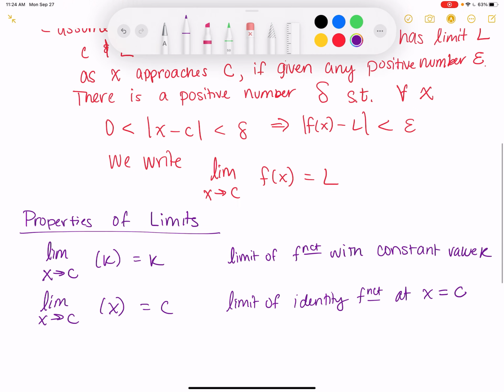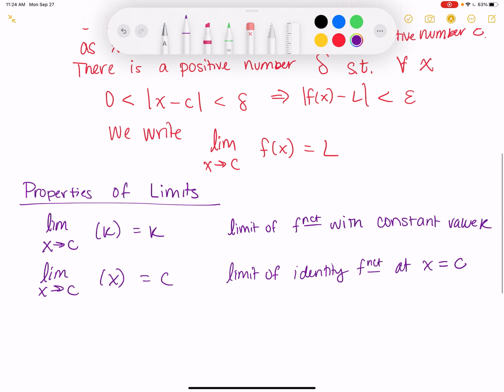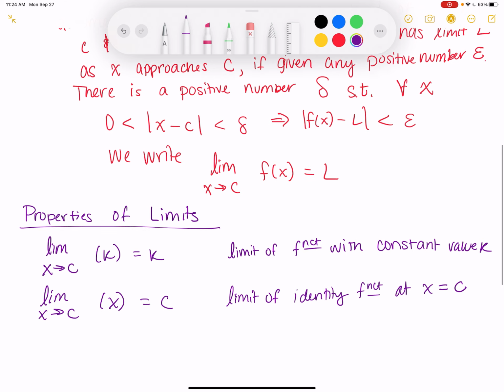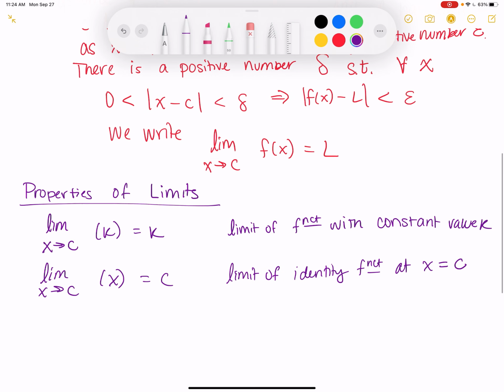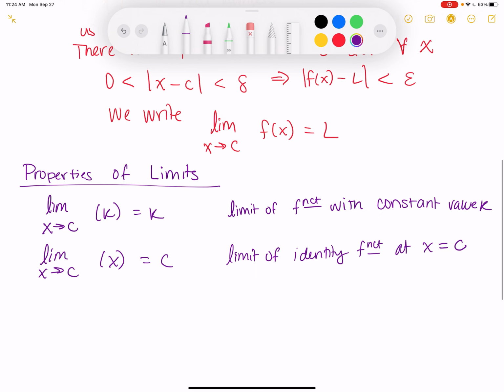Oh, I'm at the curly V. Okay, for all x.